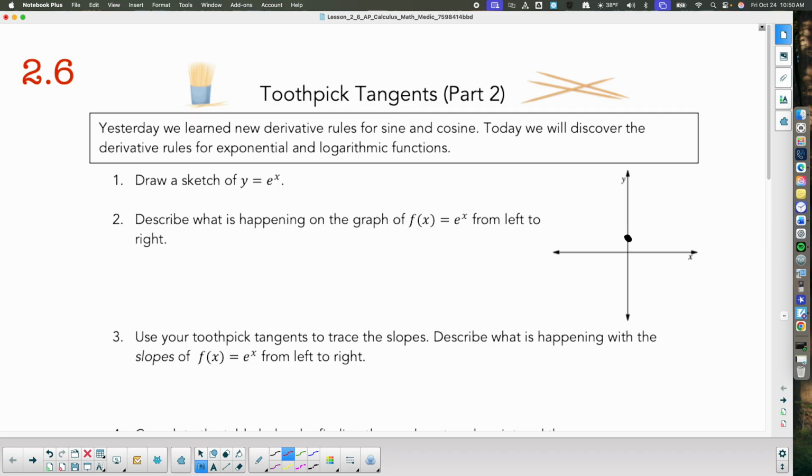If I put a big number in place of x, the answer would be huge. So over on the right-hand side, it goes up. If I put a very small number in place of x, like -10, e to the -10th power would technically be 1 over e to the 10th, which is 1 over a really big number.